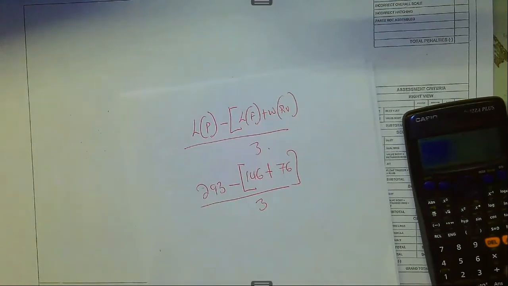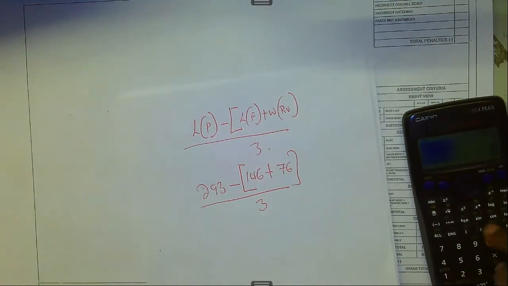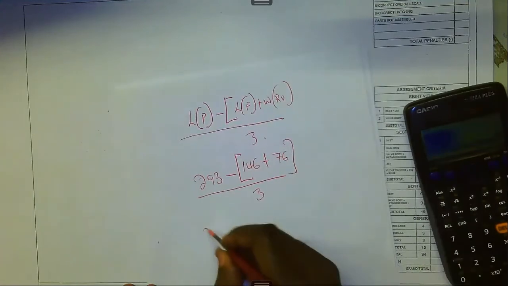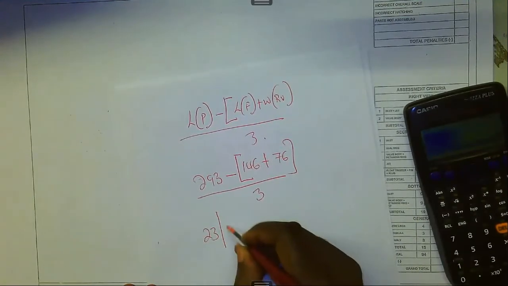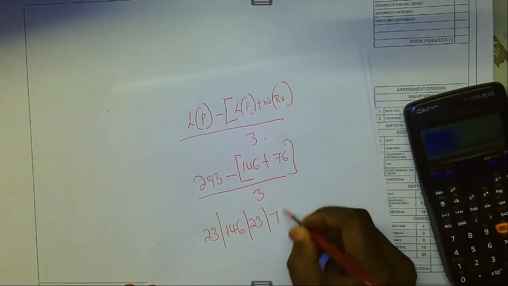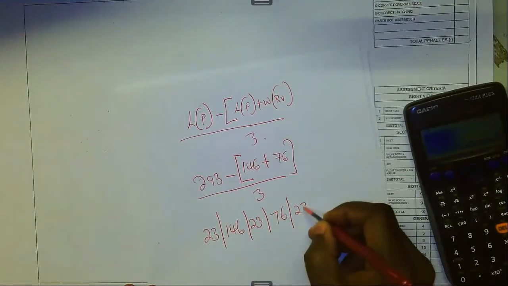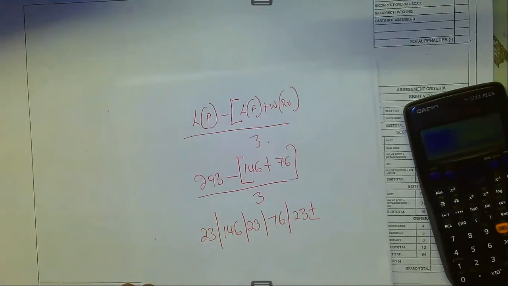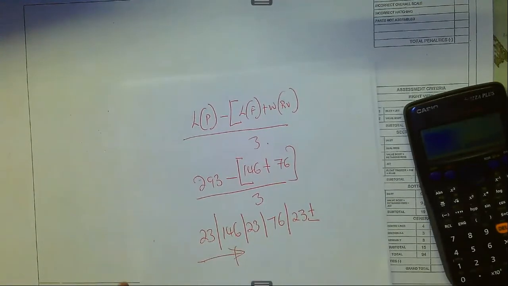So it's minus 146 minus 76. We are going to get 71 divided by 3, which gives us 23. So we are going to say 23, 146, 23, 76, and 23 plus or minus, from left to right. Then we measure that.